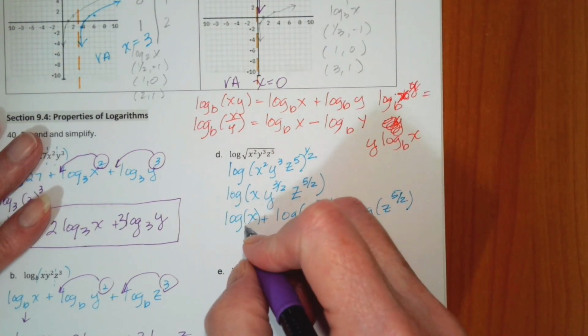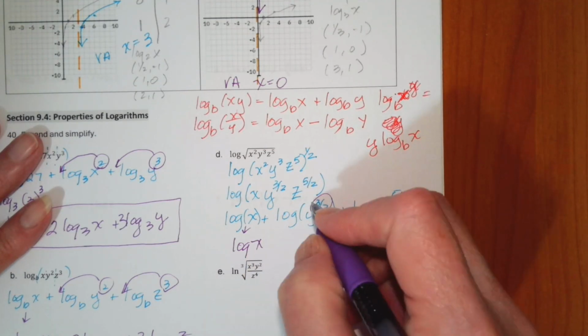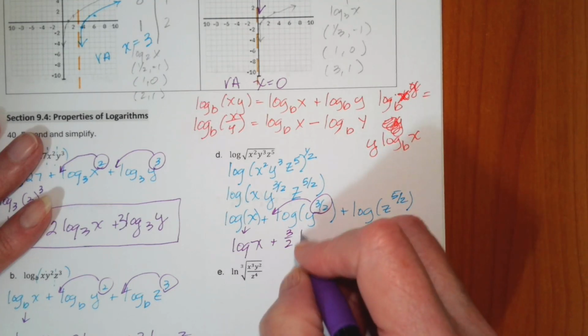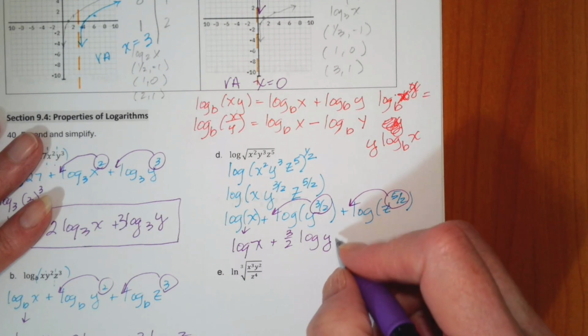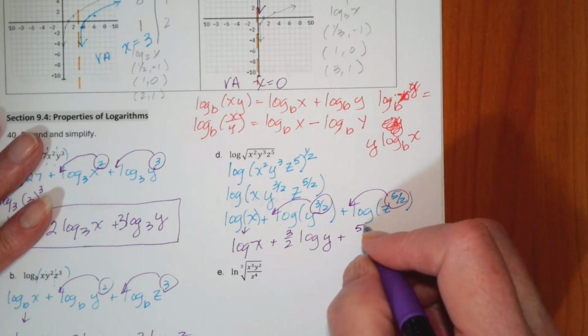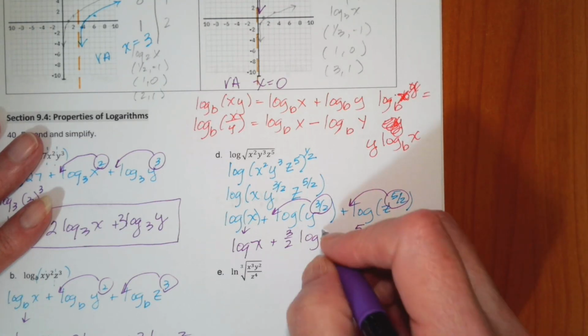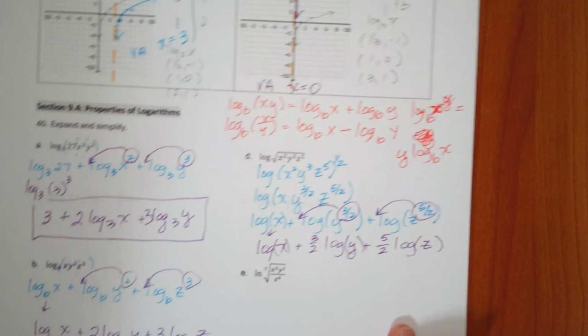Okay, this I can't do anything with, so this just becomes log of x. Now I can move this around front. Same thing here. And there you have it. And just to be consistent with what we did in class, I'll leave it like that.